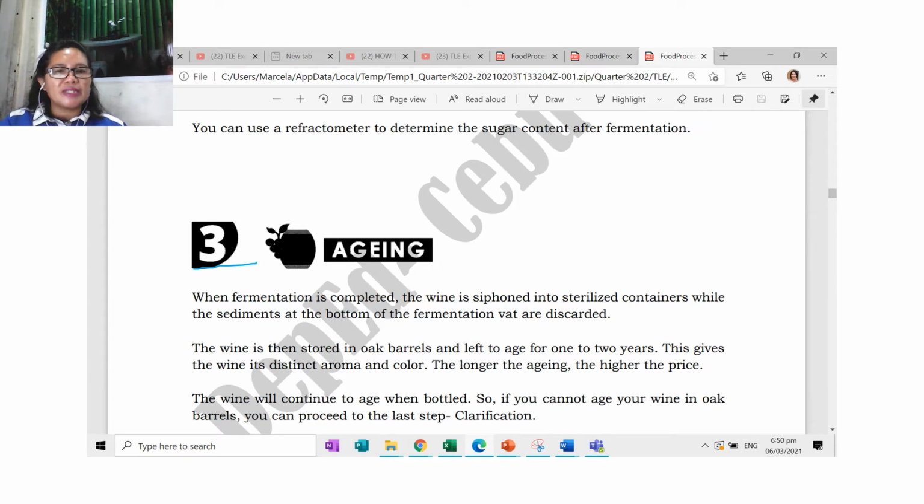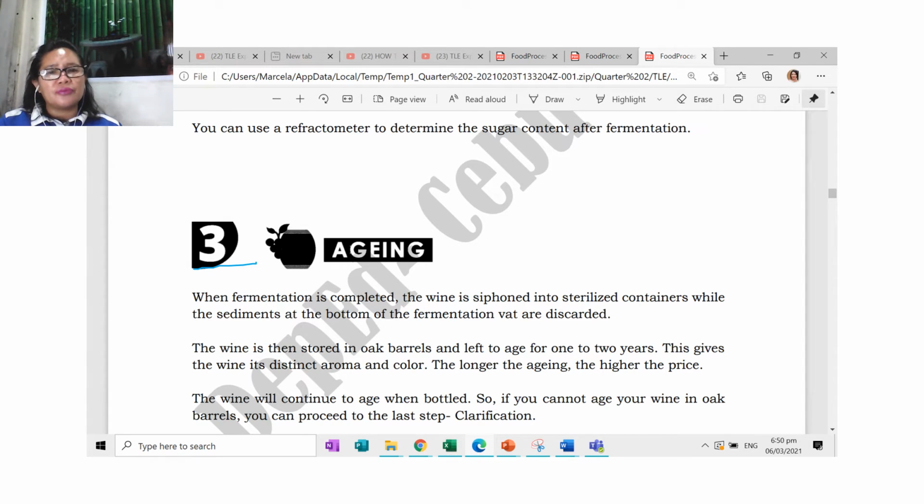The wine is then stored in oak barrel and left to age for 1 to 2 years. So dugay-dugay jud, no? This gives the wine its distinct aroma and color. The longer the aging, the higher the price. This wine will continue to age when bottled.